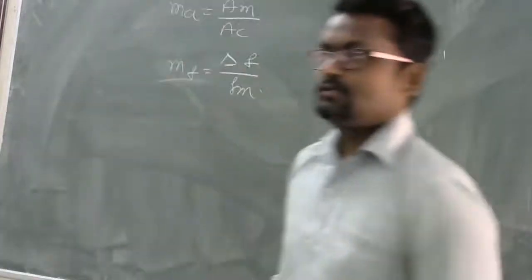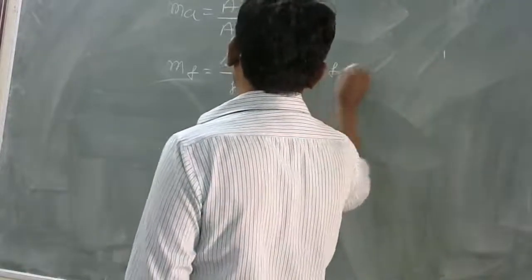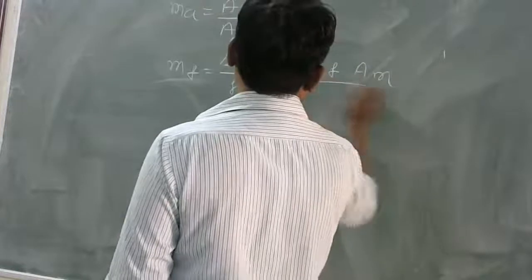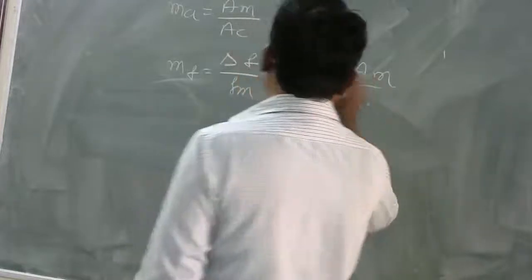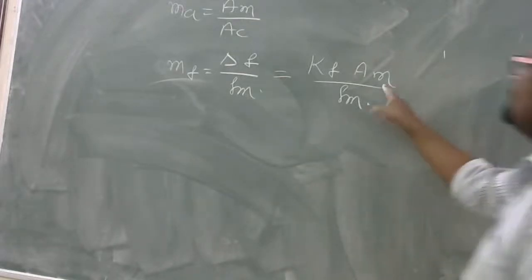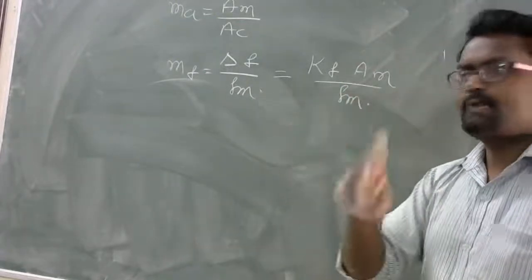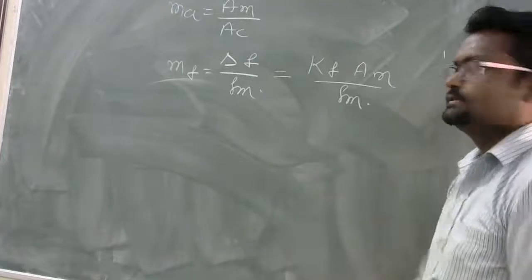Is it clear? This delta can be written as KF into AM divided by FM. KF into Em max, because when we write Em max, we consider its amplitude; if we write Em, then the whole cosine term will come.